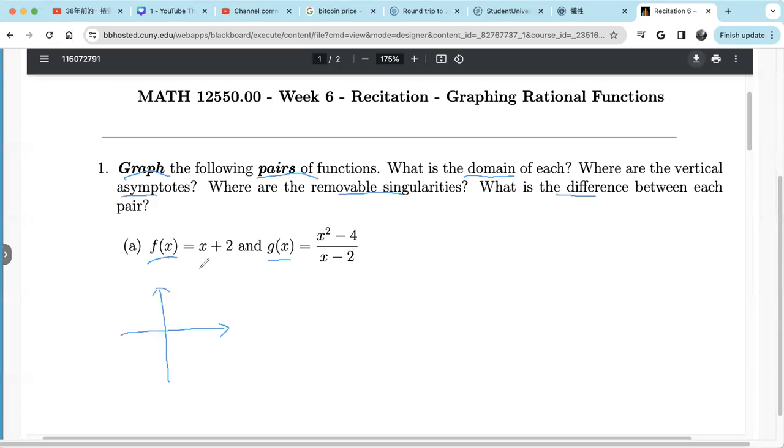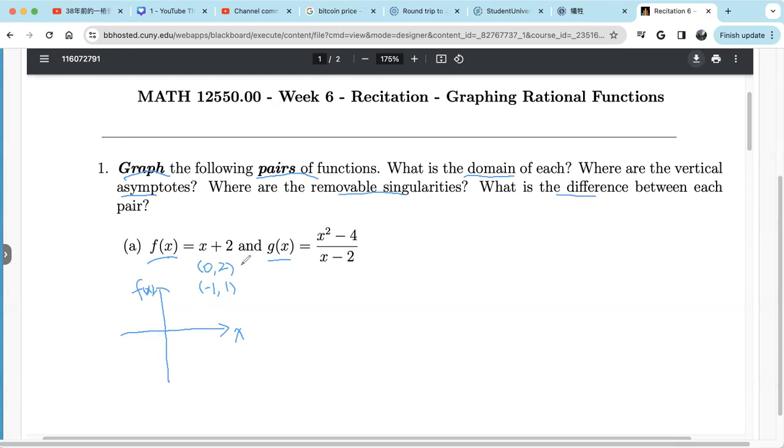So if x is 0, this is the x-axis, this is f of x, before we called y. Okay? So we see 0, 2 on the graph. Then if x is -1, we have 1.